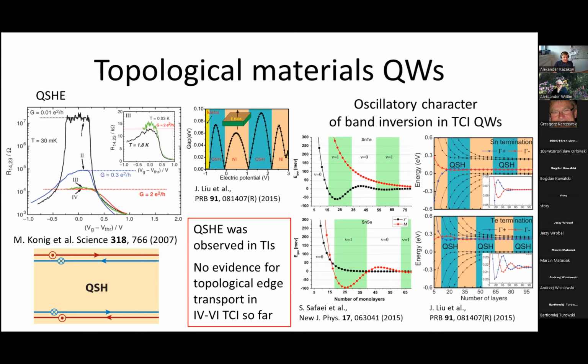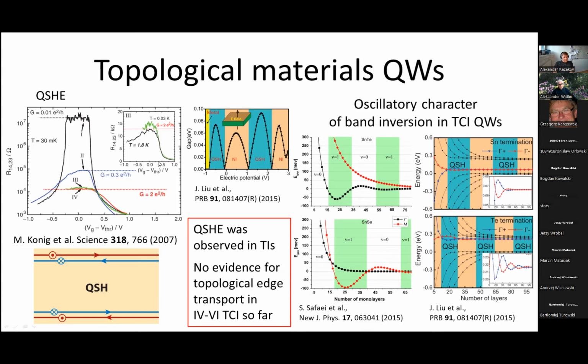Also, it is topological crystalline insulator quantum wells, where we expect to see quantum transport, such as quantum Hall effect, and hopefully to see the evidence for topological edge transport when we move to the gap.